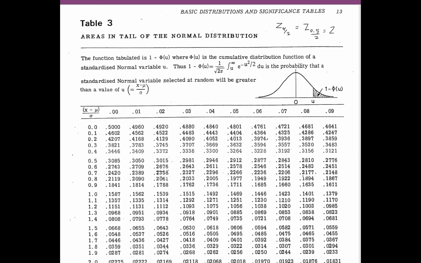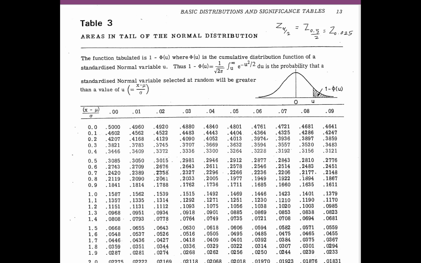Then you get 0.025. Okay, this 0.025 is not the critical value. What does it mean with the critical value? This one is your critical value. But this 0.025 is the probability. So now your probability is 0.025.